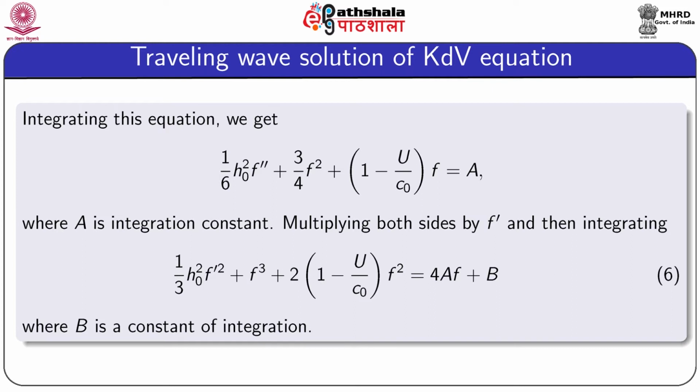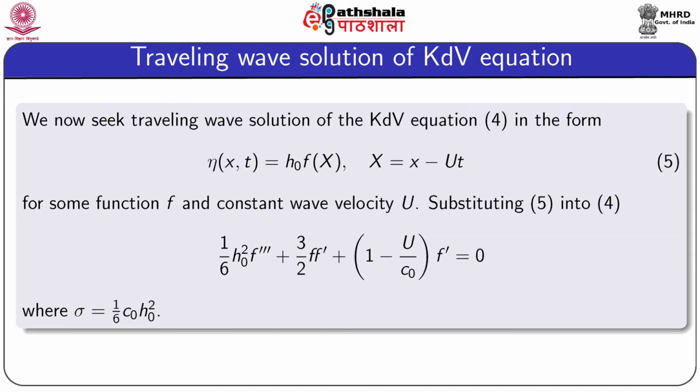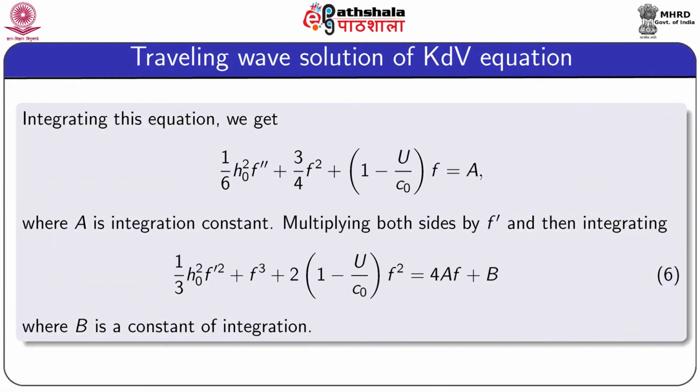Now, since we are going to find the expression for small f, we integrate the previous relation, and after integrating we get 1/6 H0 squared f'' plus 3/4 f squared plus (1 minus u/c0) f equals A, where A is the integrating constant.